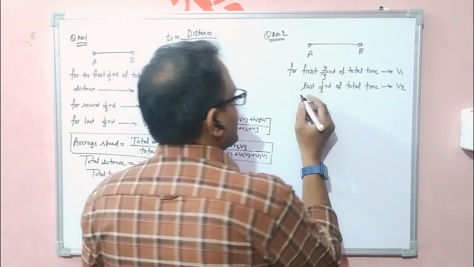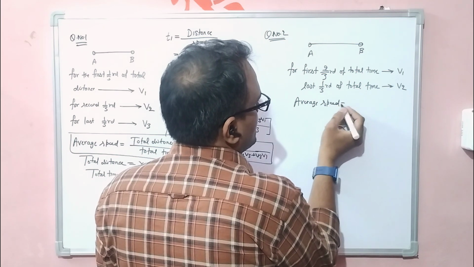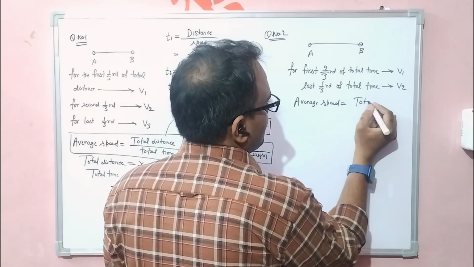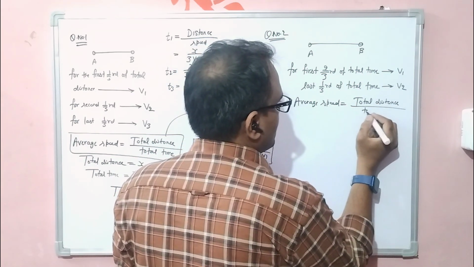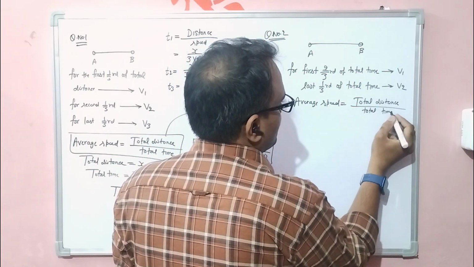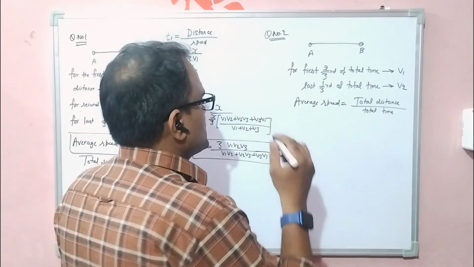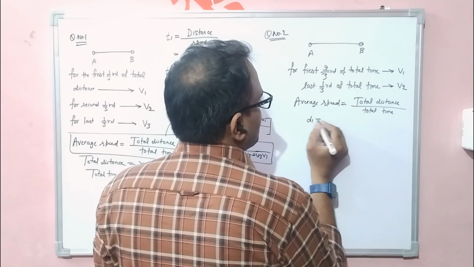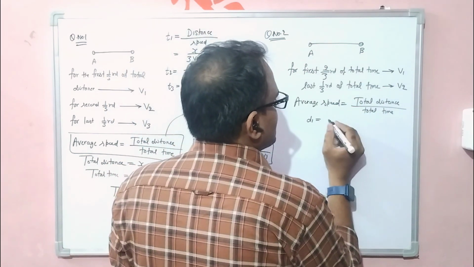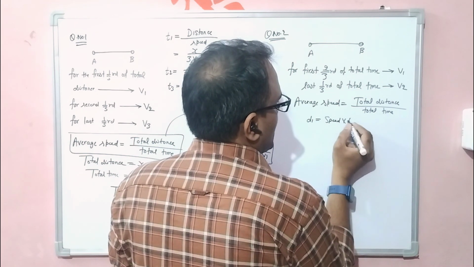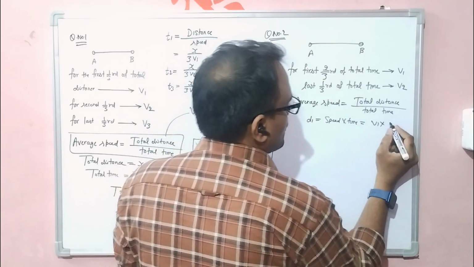So for this I will apply the same formula. Average speed is equal to total distance upon total time. So what is the total distance? Let's work it out. Okay, so let's suppose the first distance is d1. d1 is for the first 2/3 of total time, right? So d1 is speed into time, and speed is v1, and the time is 2/3 of total time.